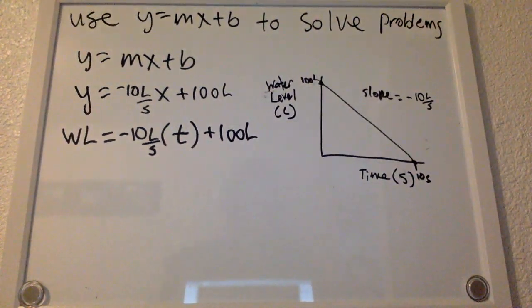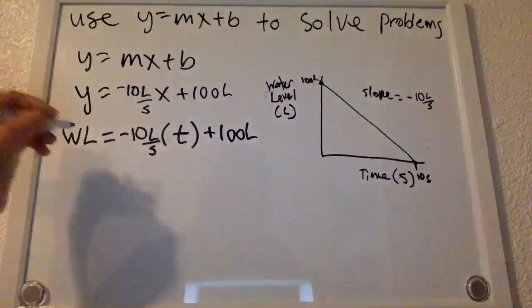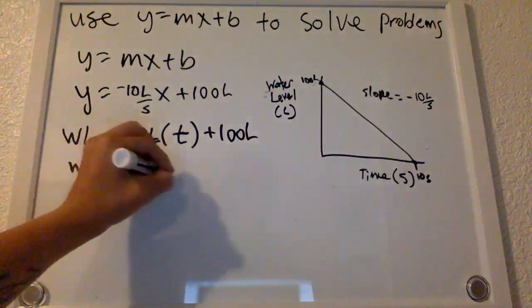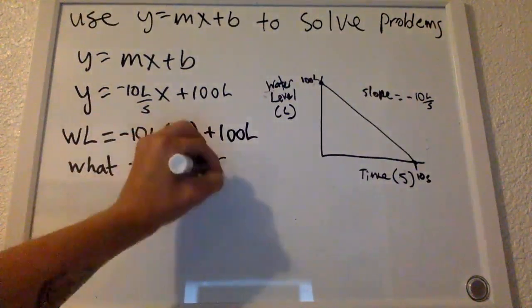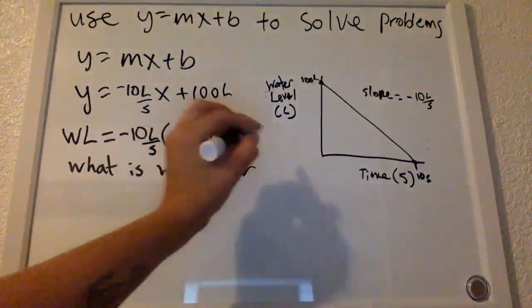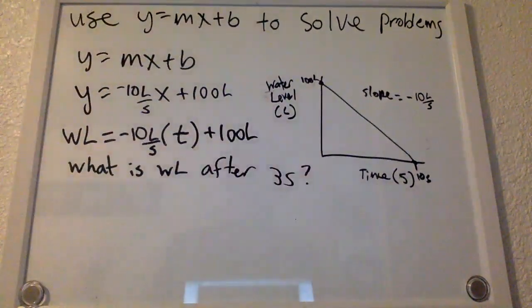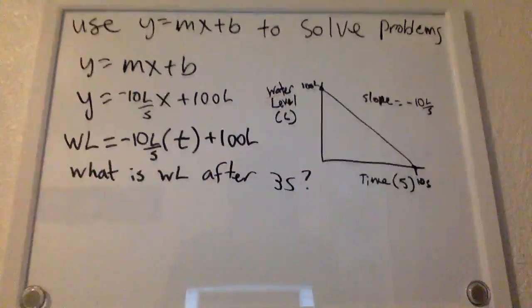So let's say I want to know my water level after 3 seconds of draining, right? So maybe I want to know where my water level would be after 3 seconds of draining.